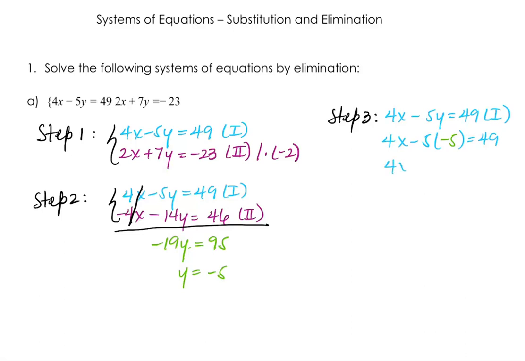We have that 4x plus 25 equals 49, so 4x equals 24, and x equals 6. That gives us the answer to our problem, which is (6, negative 5), and this will be the final answer for part A.